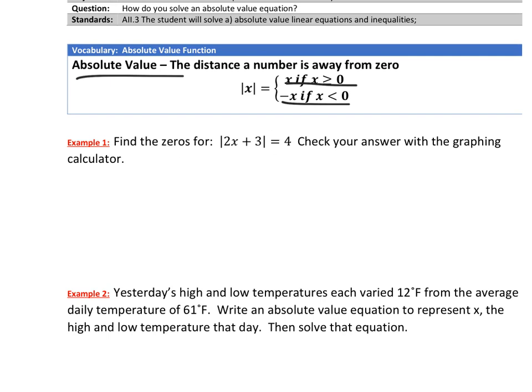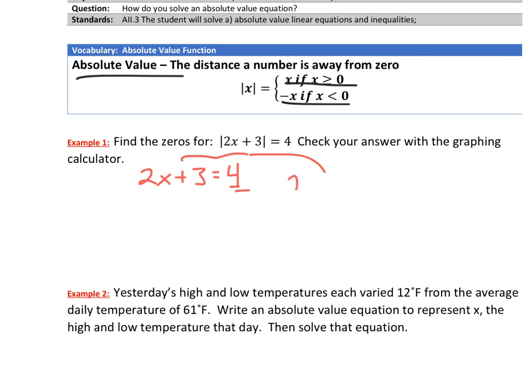Next, once everything from the outside of the bars is gone, we will break it up into two separate equations. First of all, the first one is 2x plus 3 is equal to positive 4. Because there are two numbers that when you take the absolute value of them, will equal a positive 4. One of those numbers is positive 4 itself.